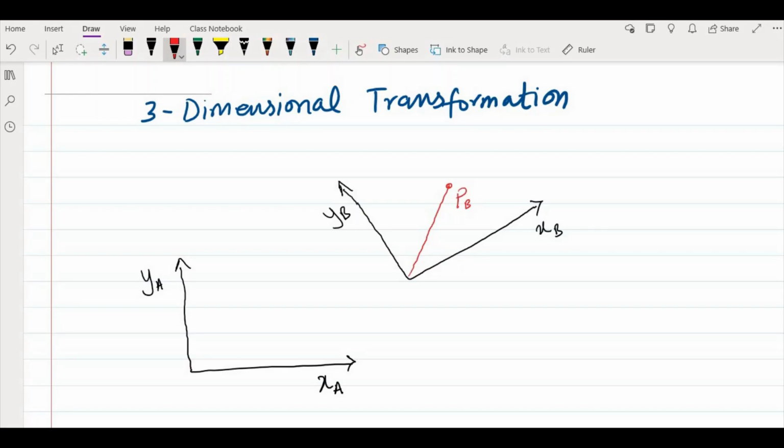Okay, now we have this point, this vector in your frame B. What we want is the value of this vector in your frame A. So that's what we are looking for, because A is the original reference frame, and B is rotated and also translated frame.